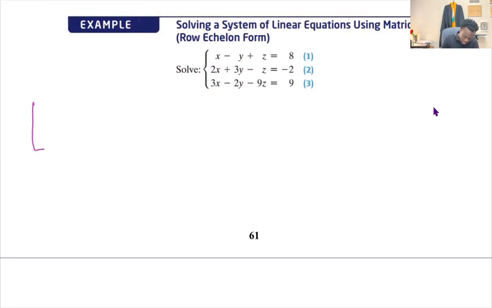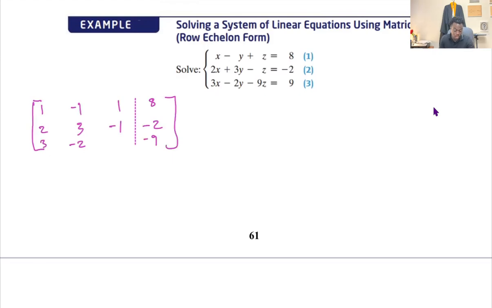So that is 1, -1, and 1, and then you have 8. So that's 2, 3, -1, and -2, 3, -2, -9.